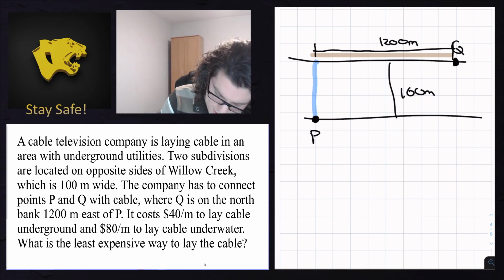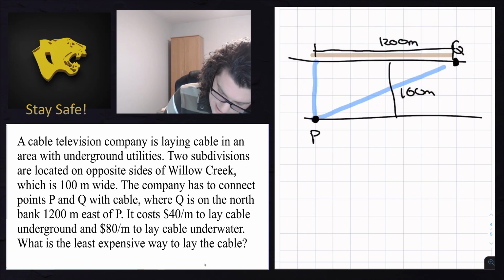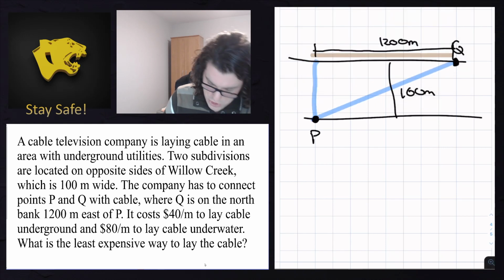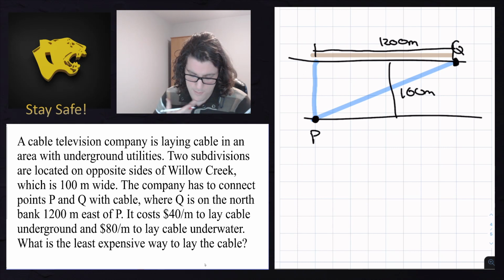Now, I could also think about minimizing the total distance. And so I might want to just go right from P to Q. That's a smaller distance, which is good, but it's really expensive cable, which is bad. Just by eyeballing, my guess would be from the geometry that's going on here, even though this is not to scale at all, so maybe that's a kind of a crappy thing to say.